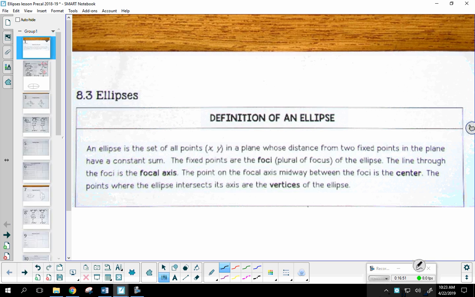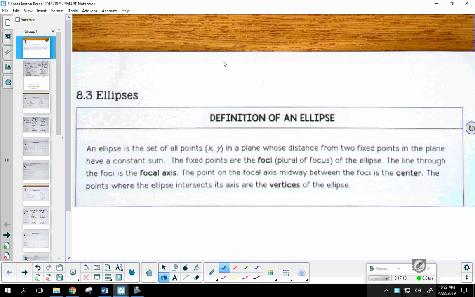The further the focal points are from each other, the more elongated or oval-like your ellipse is going to be. So what do you think is going to happen to the graph if those focal points are much closer together? It's going to be more circular. That's exactly right.